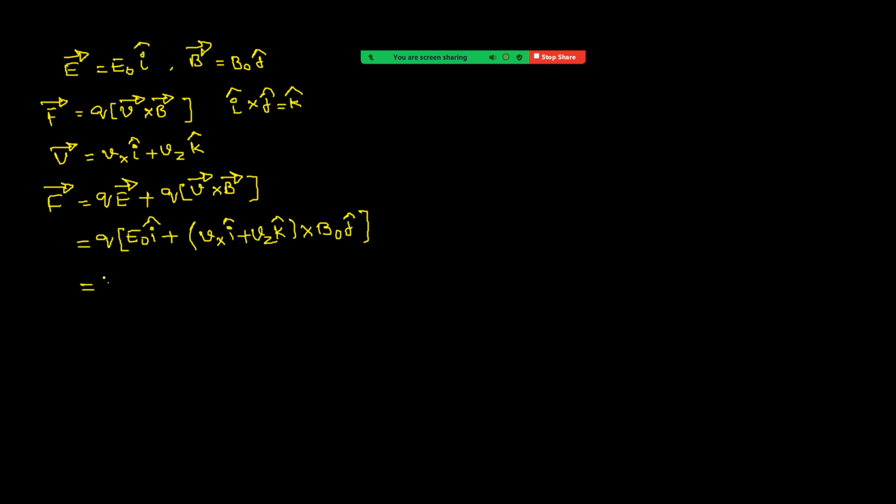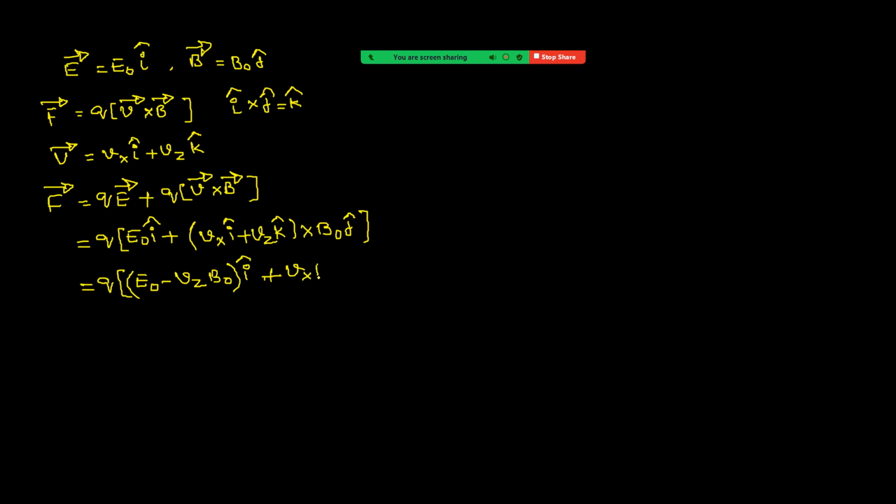That means I can write it as Q into E naught minus Vz B naught, into i cap. Now the remaining term is Vx B naught, i cap cross j cap, that is k cap.